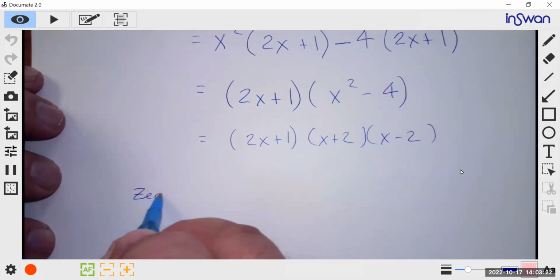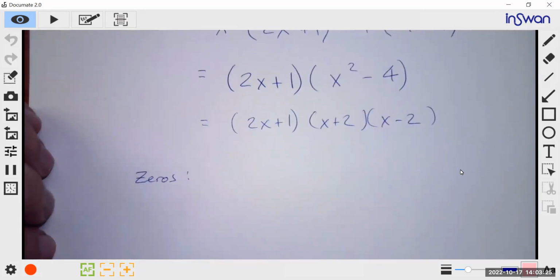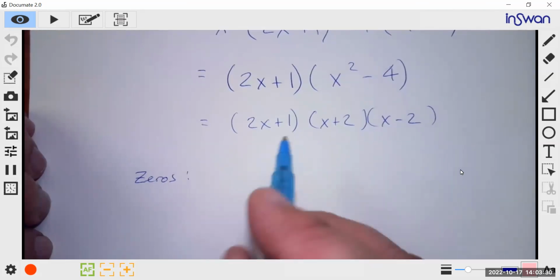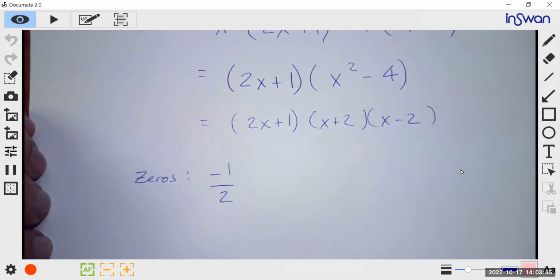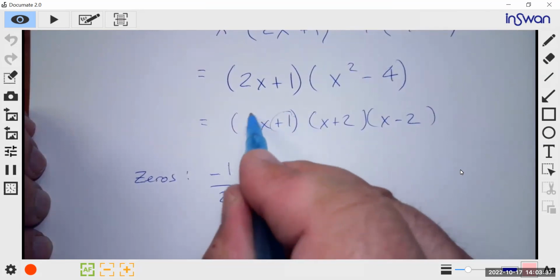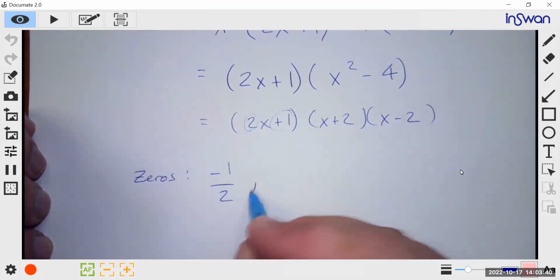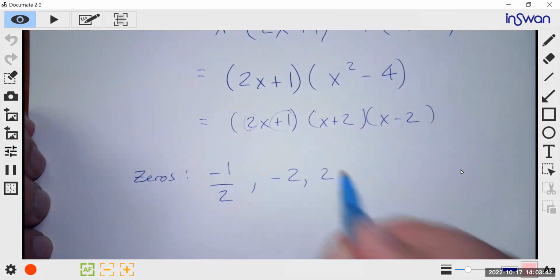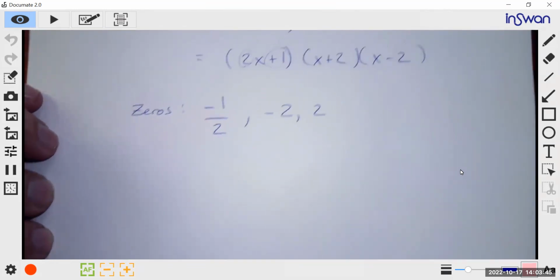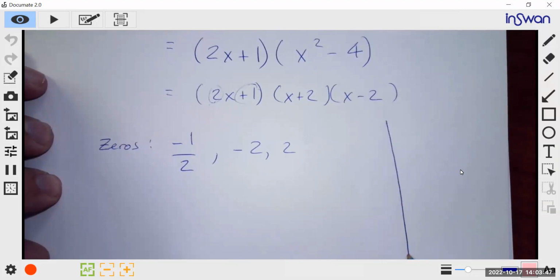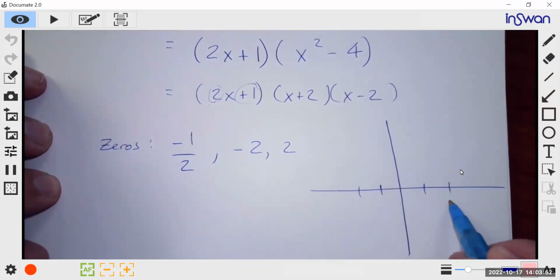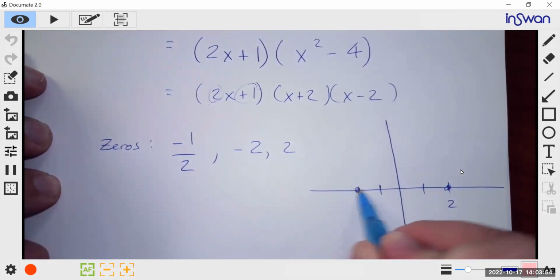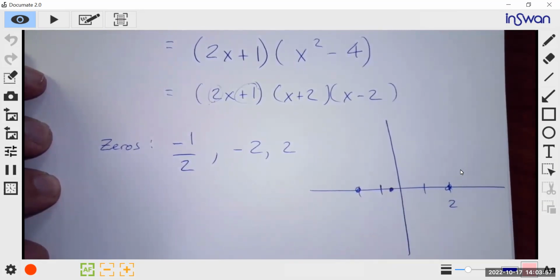So what are my zeros? -1 divided by 2. So yeah, it's the opposite sign, and this goes on the bottom. Right. Perfect. So we have zeros at -2 and 2 and at -1/2.